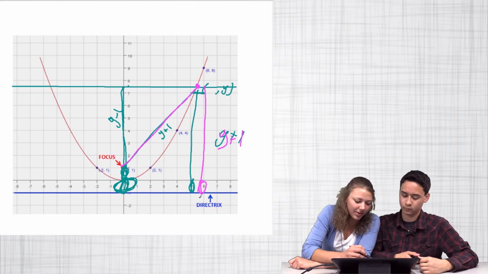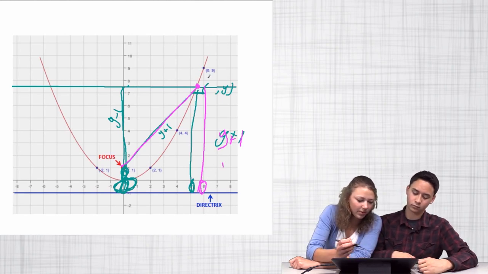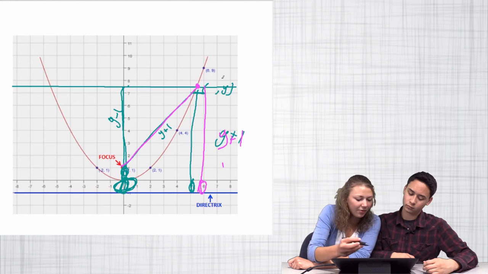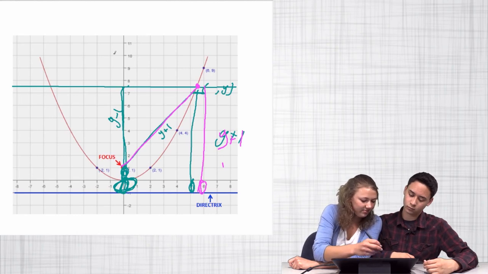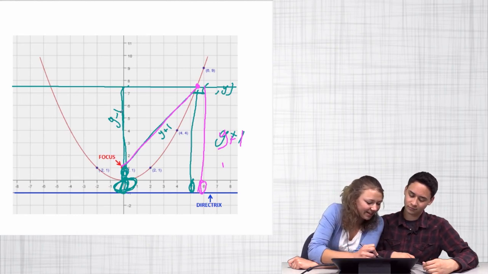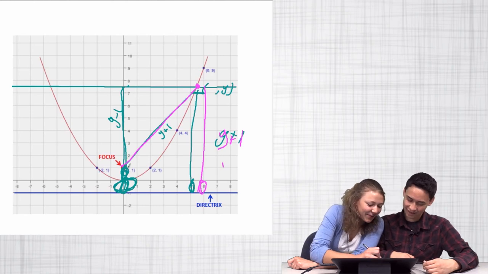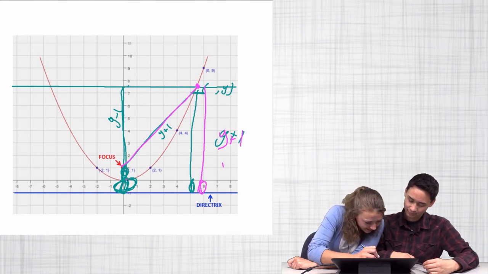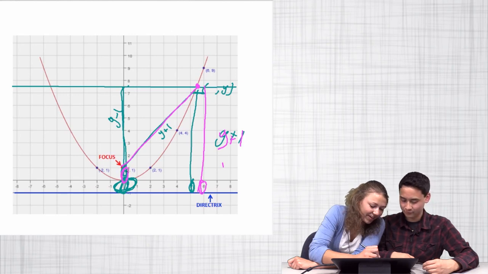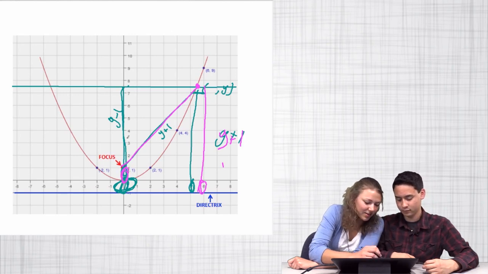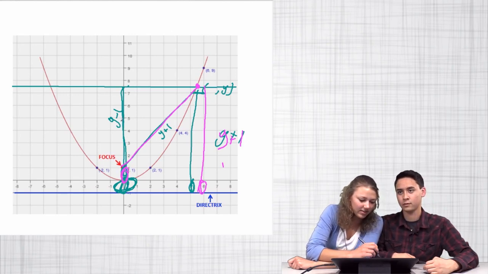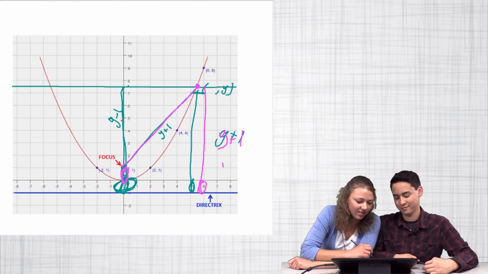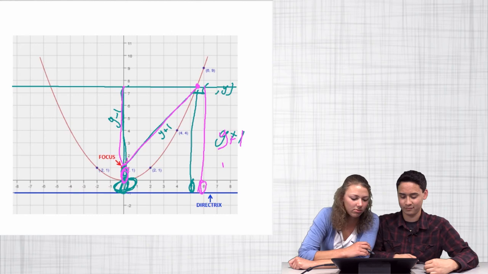So you're going to add 1 to whatever y you're given. And for the one over here, since your focus is 1 over the x-axis, it's going to be y minus 1. And then that'll get you this side. Good.